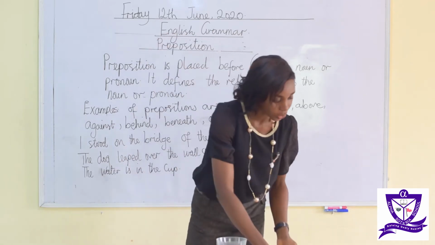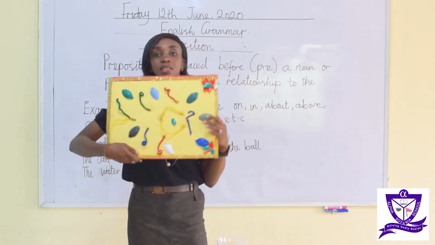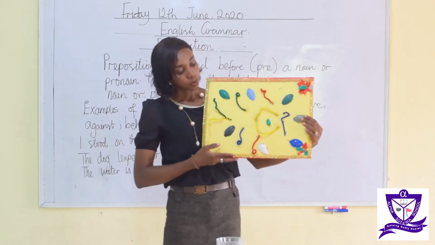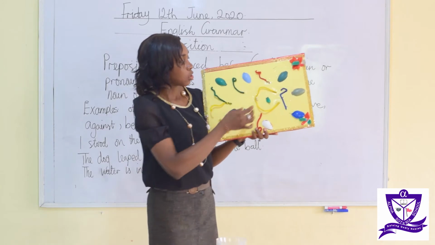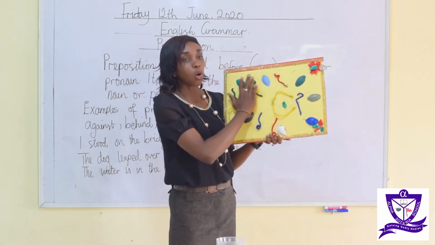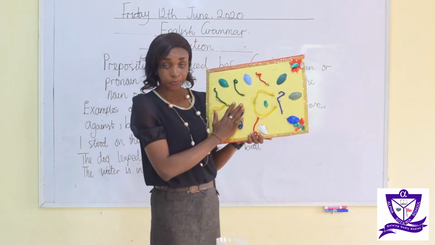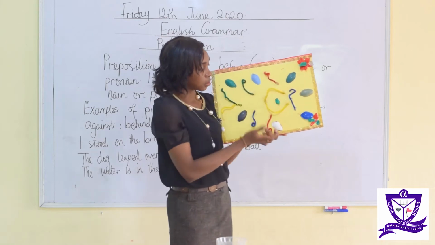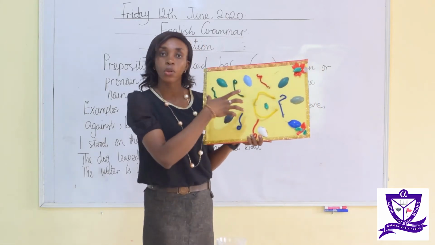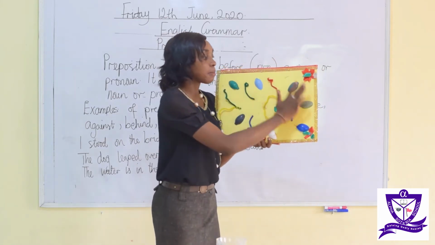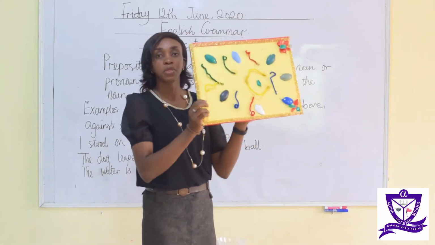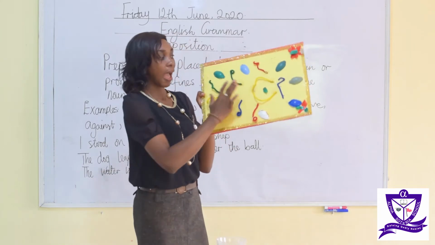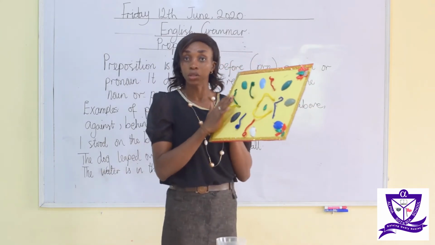Let's look at this other example. Look at this board there. We have all sorts of materials here. These materials are attached to the board. If you look at it, what's the noun there? The board is a noun, and the materials are also nouns.